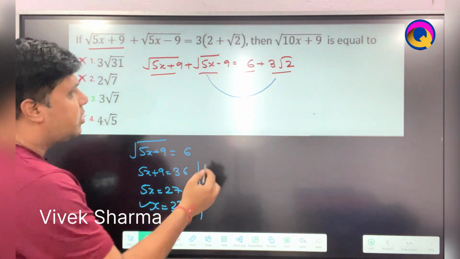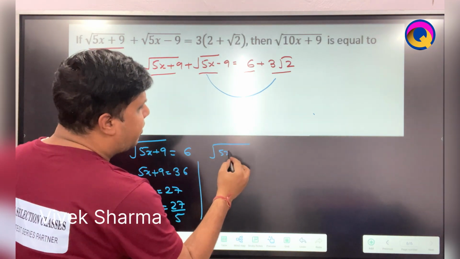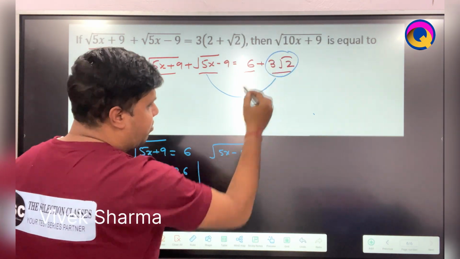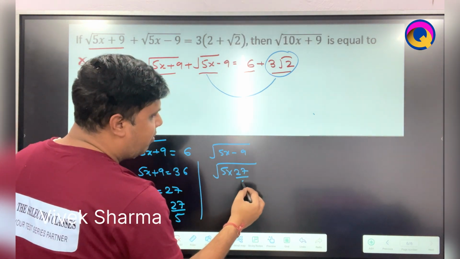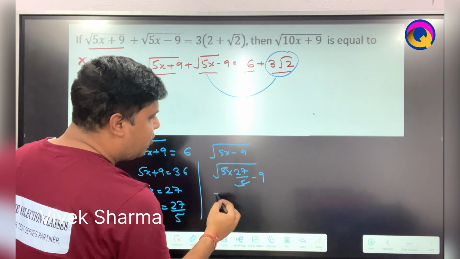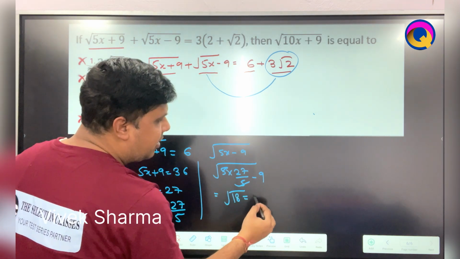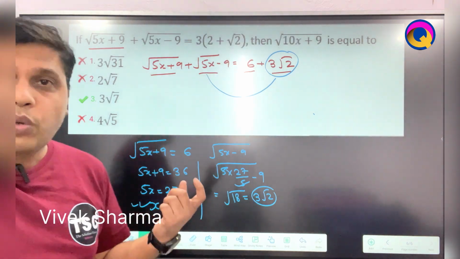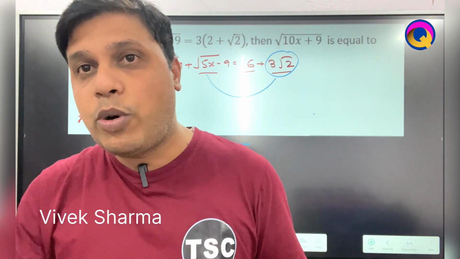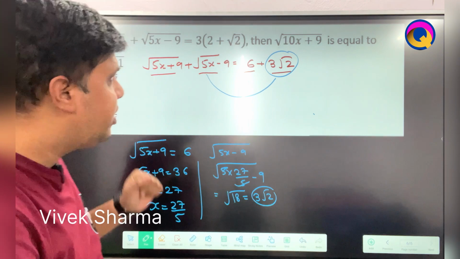So root 5x minus 9, I should get 3 root 2. So 5 into 27 upon 5 minus 9 is going to be root 18, which is nothing but 3 root 2. Of course this is the right value of x. So x equals 27 upon 5 is the solution of the given equation.